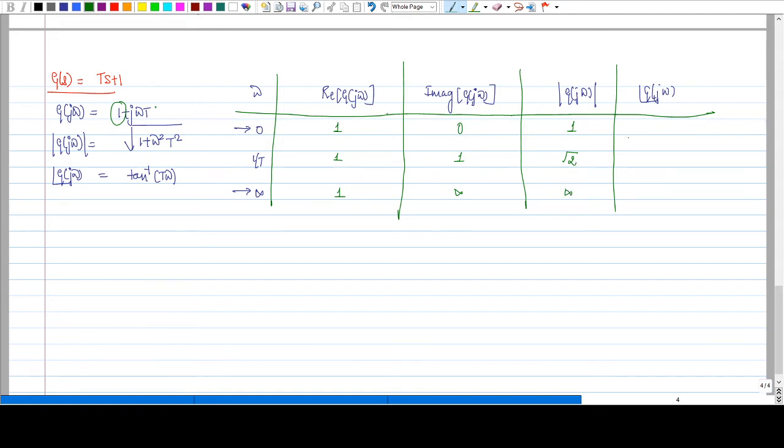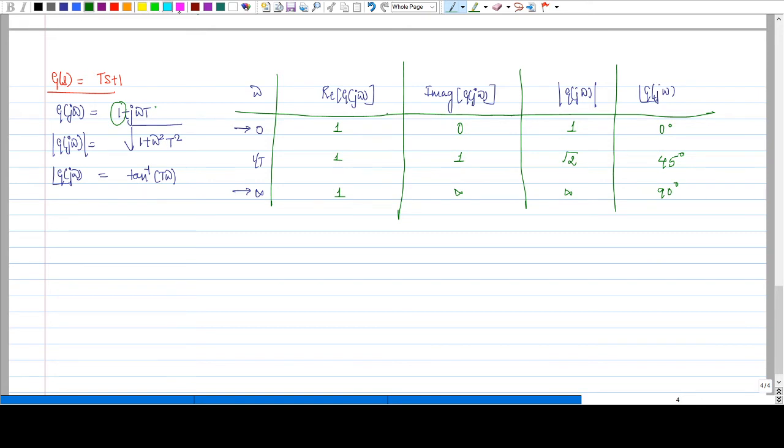Coming to the angle, tan inverse 0 is 0 degrees. Tan inverse 1 will be 45 degrees, and this is 90 degrees. This is how we have tabulated it.